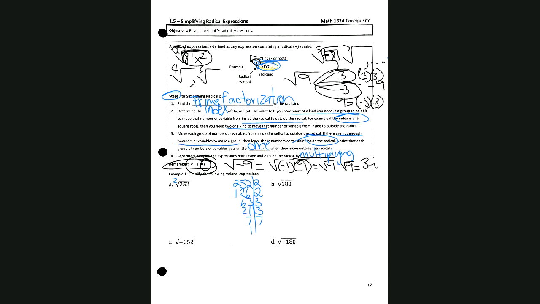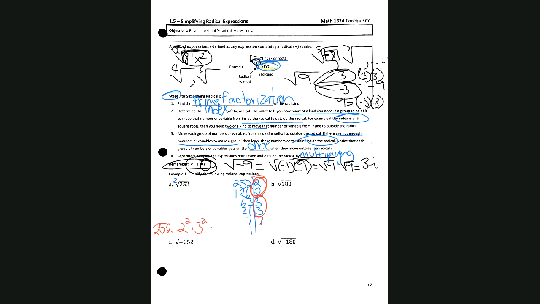Now, from here, I can see that I could group 2 and 2, 3 and 3, and then 7 will just be by itself. So the prime factorization of 252 is going to be 2. Since we have 2 of them multiplying each other, it will be 2 to the 2nd power times 3 to the 2nd power times 7.